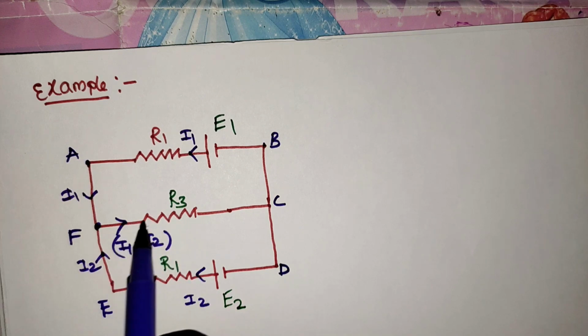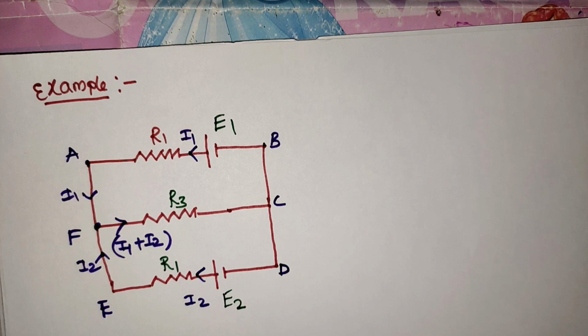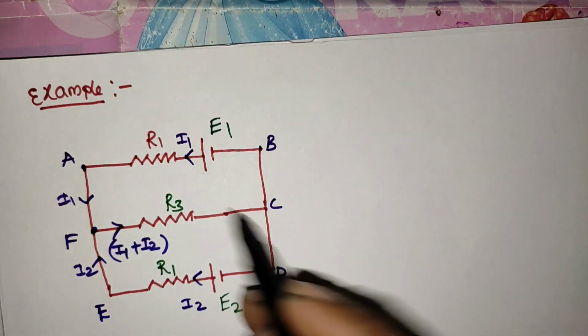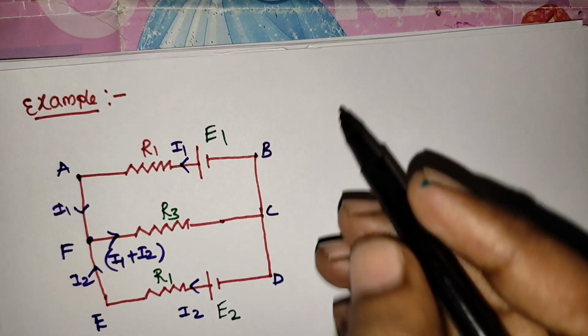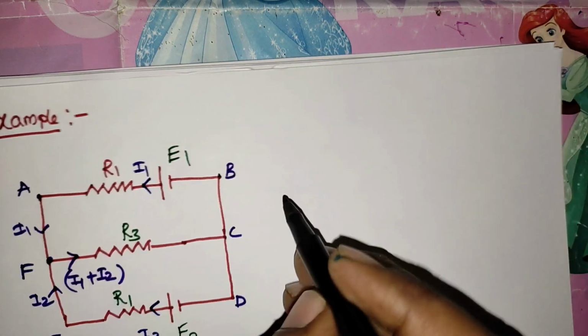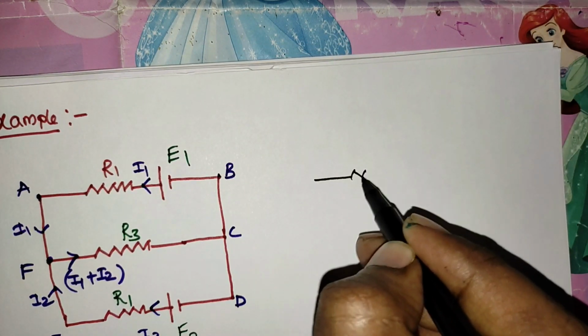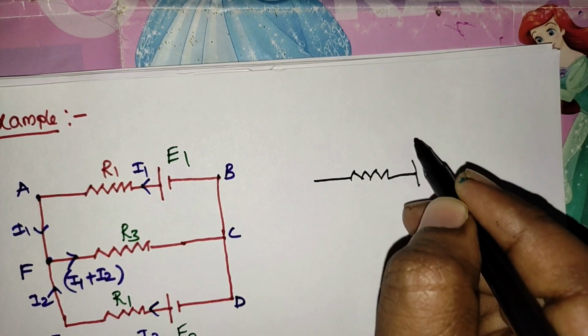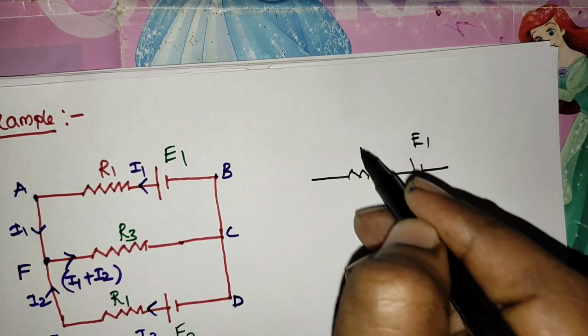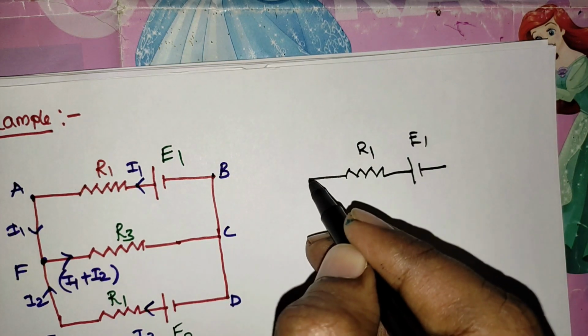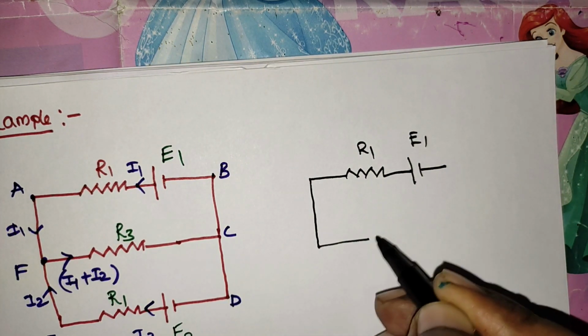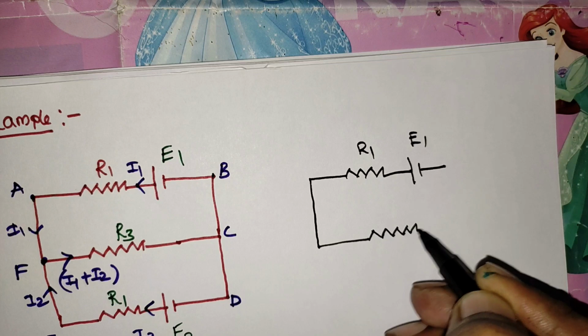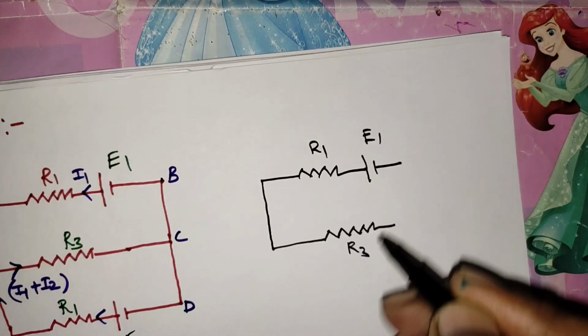Now I'm going to take the top loop. We have two loops. Now we are going to apply KVL in the loop. So this is loop A. Here is EMF E1. This is the resistor R1. This is resistor R3.